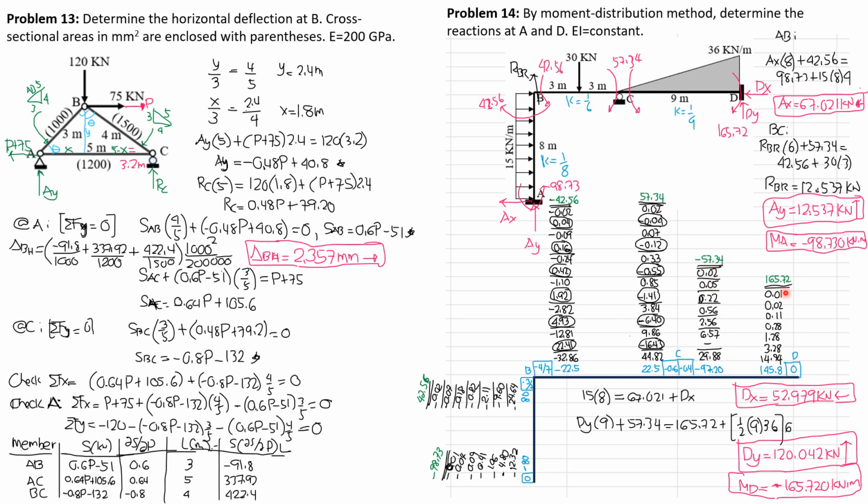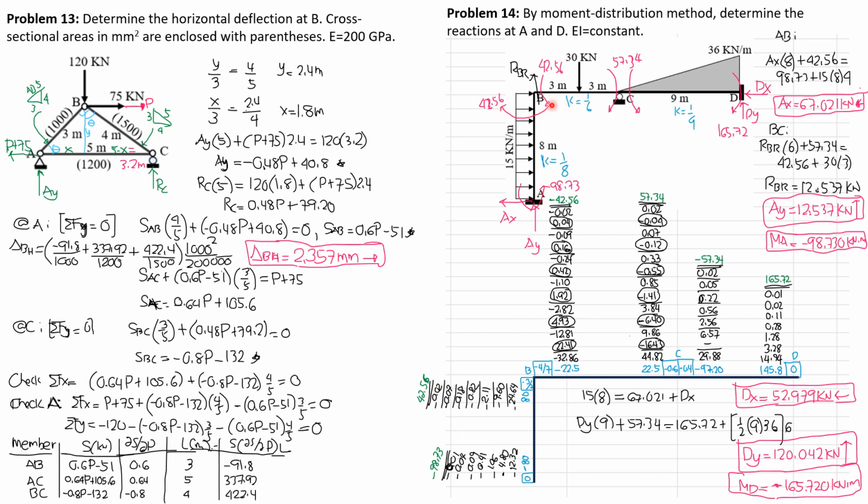And adding this, 165.72. So that means these are the reactions. So I assume AX is leftward. Moment AB is negative, so it is counterclockwise here. Moment BA is positive 42.56, so it is clockwise as shown.